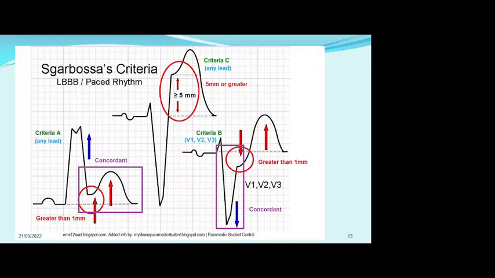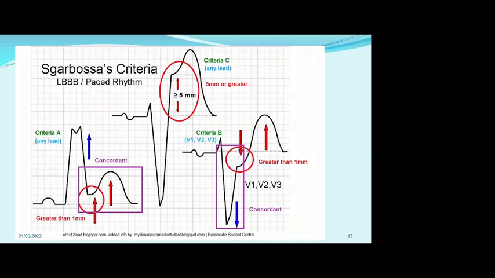First one is ST elevation in a positive complex. If any lead has a positive complex despite the LBBB, and if there's ST elevation, even 1 millimeter is considered significant.